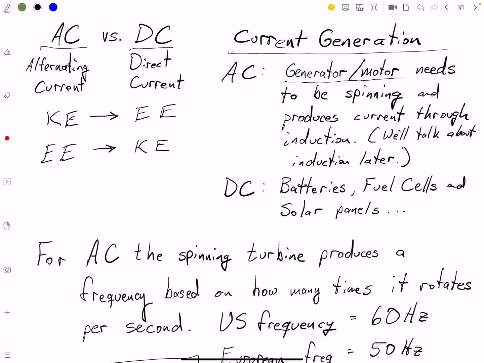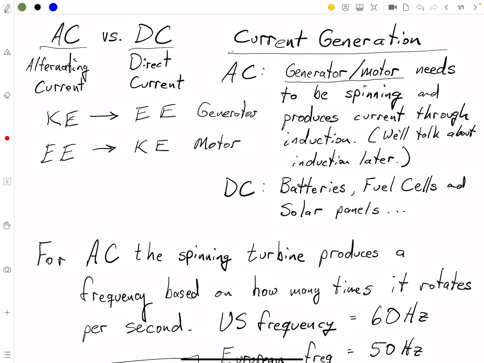So this would be a generator and this is a motor. But all you're doing is flipping it around. You take the generator and say, I need to convert my electrical energy to kinetic energy.